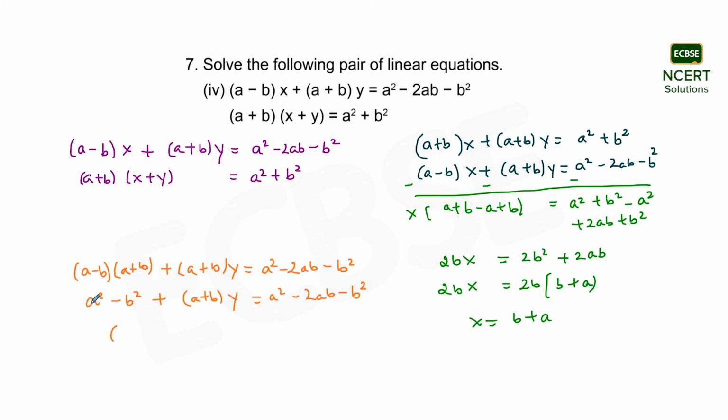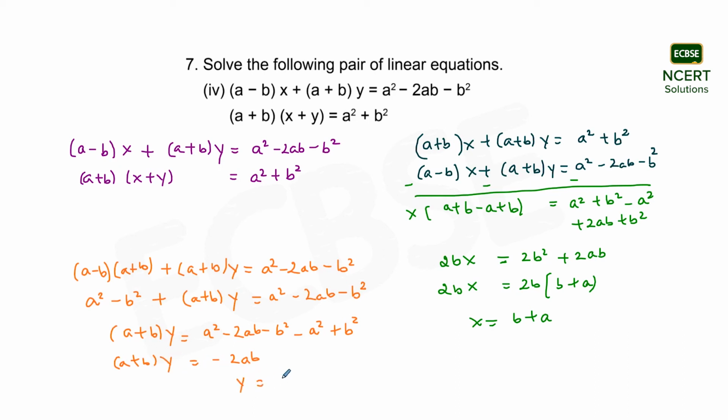Now taking these terms, a square minus b square, to the right hand side, there will be a change in their sign. So here it will be a square minus 2ab minus b square minus a square plus b square. Now cancelling the common terms, that is a square minus a square, here I'll be left with minus 2ab. (a plus b)y is equal to minus 2ab.